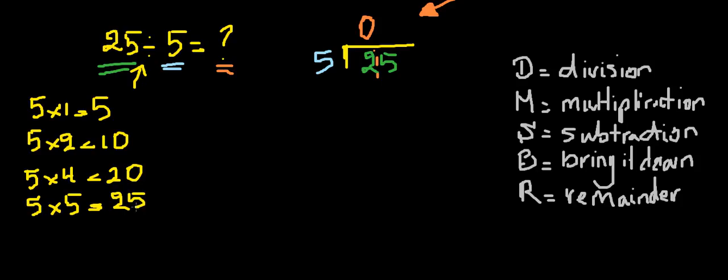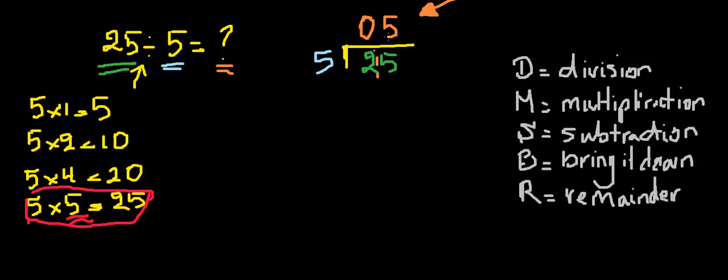Now I look at these numbers and see that this is the one that I want. So I know it would be 5. 5 times 5 equals 25, and we already know the reverse of multiplication is division. So 5 goes into 25 5 times, so I'm going to write it over here.